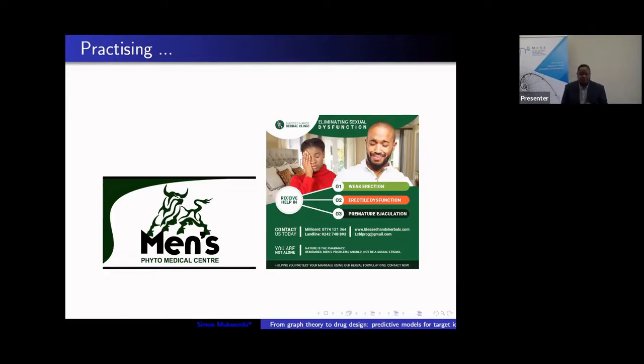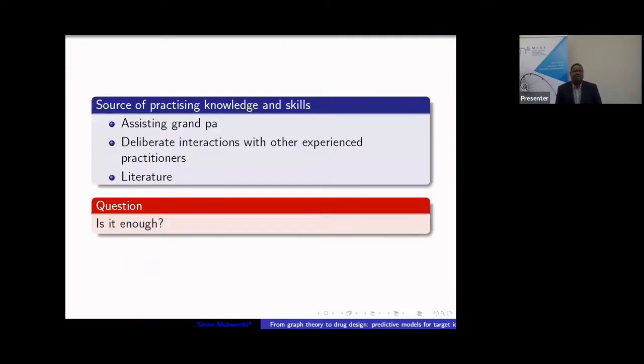Now, one would question and ask, what was the source of my knowledge and skills? Firstly, I was assisting my grandpa, and I was also interacting with other experienced practitioners.